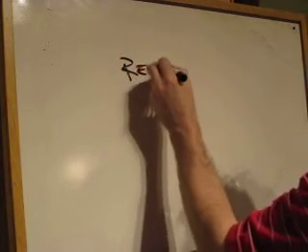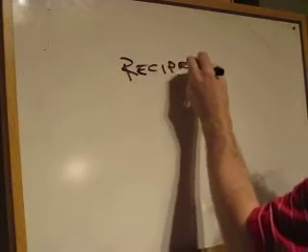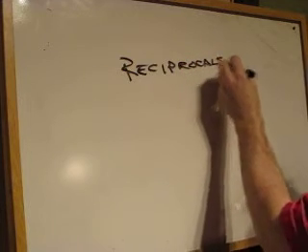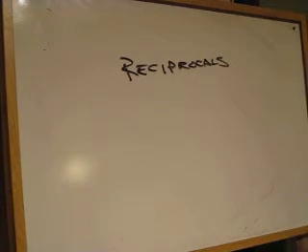The first definition that we're going to look at is in the brownish tan box in the middle of the page, and we're going to talk about what are called reciprocals. A reciprocal is basically taking a number and flipping it upside down. Every number except 0 has a reciprocal.